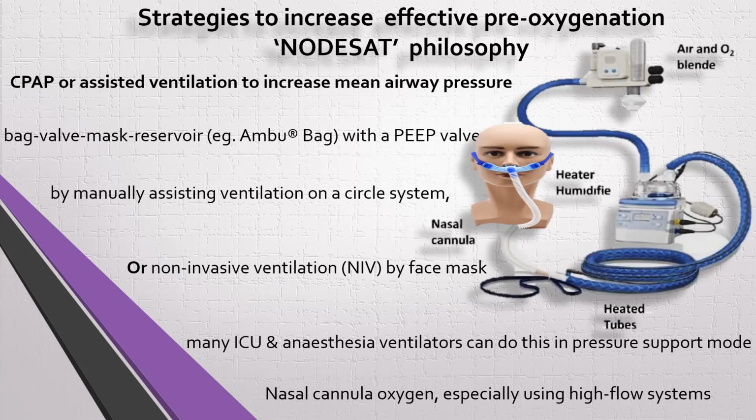You can prevent desaturation and give effective oxygenation through CPAP or assisted ventilation to increase mean airway pressure. This can be done through a bag valve mask with reservoir, the Ambu bag with PEEP valve, or manually assisting ventilation on a circle system or circuit system, or non-invasive ventilation by face mask.